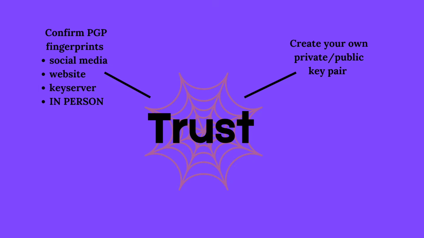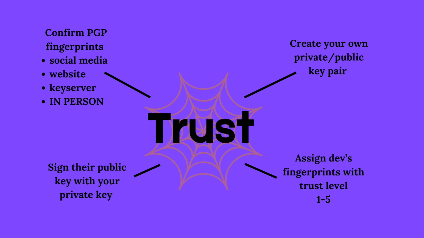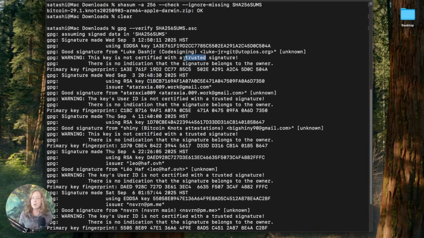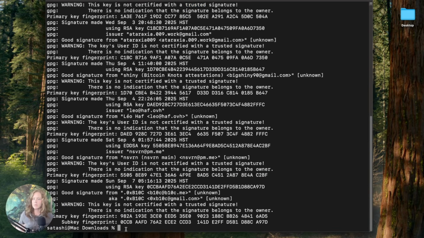Then you create your own private public key pair, assign a trust level to each imported public key, then you sign the public key with your private key. Then you won't see this warning. And we're not going to get into it in this video, but just know that's another step that you could take. Okay, so we've verified the authenticity.